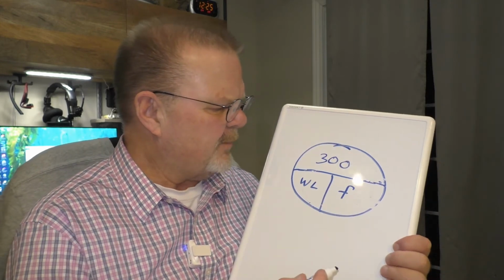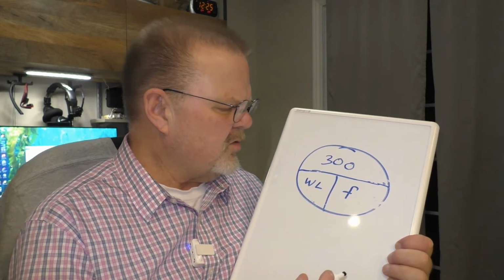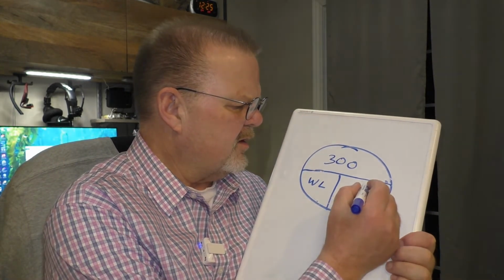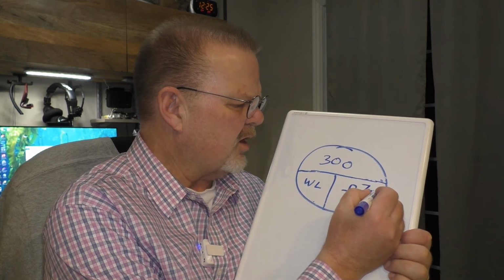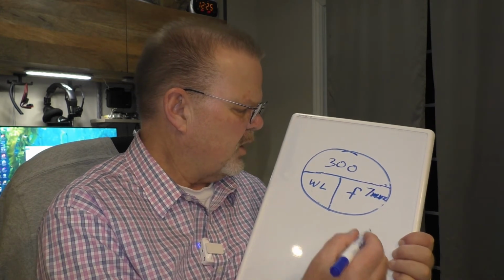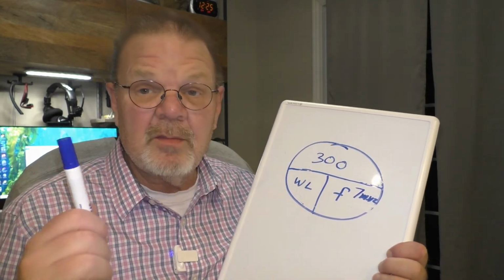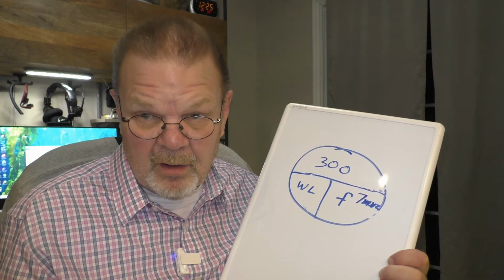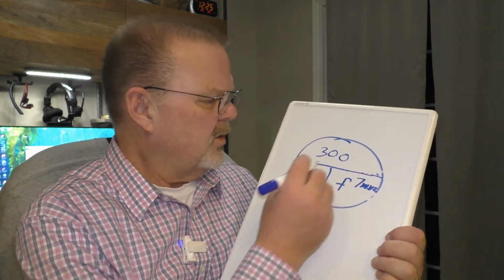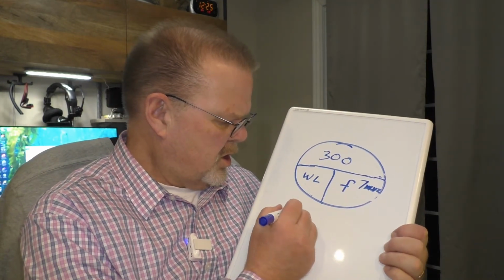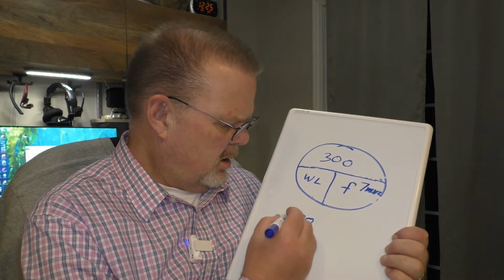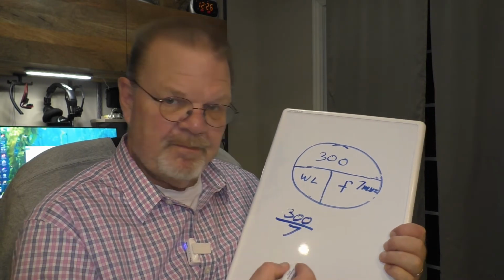So let's try that. Let's say our frequency is 7 megahertz. Okay, we want to know what the wavelength is. Now, I know the answer here because I'm a ham, I'm on that band all the time. But so our question is 300 divided by 7, right?